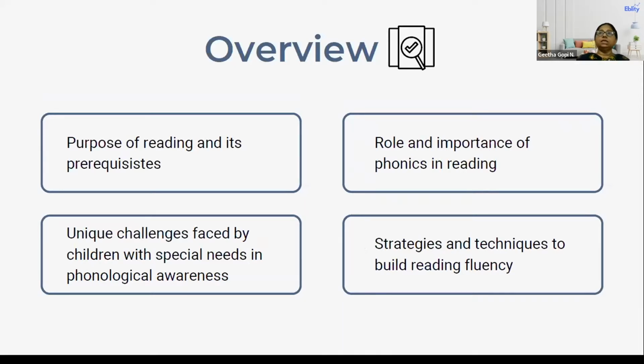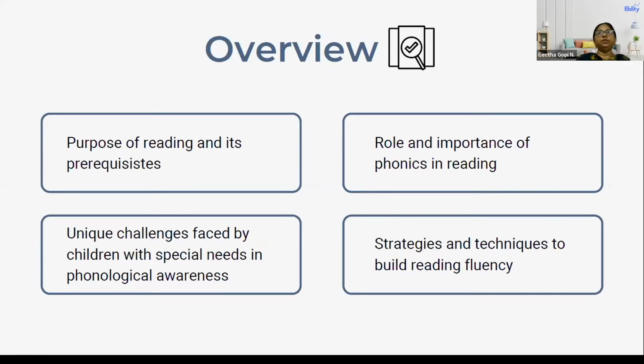Today we are going to discuss what is reading, what is its purpose, and what are the different prerequisites that are necessary for reading. Why is phonics important? Why is the teaching of phonics important to enhance reading skills?